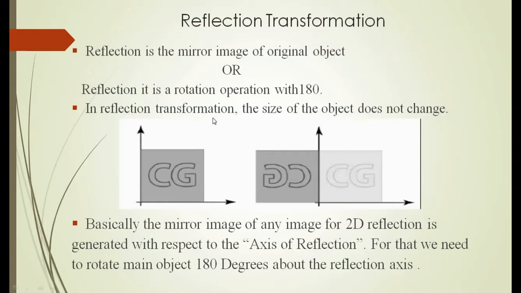In reflection transformation, the size of the object does not change. Only the image is reflected with the help of the two axes, x-axis and y-axis.